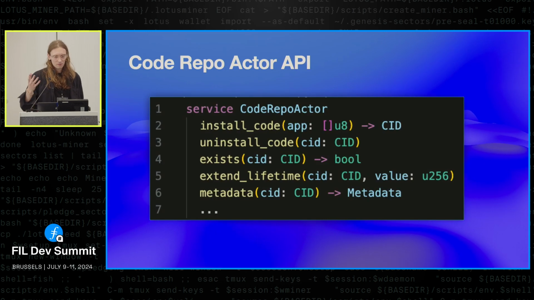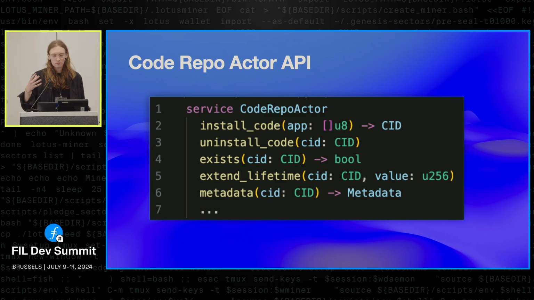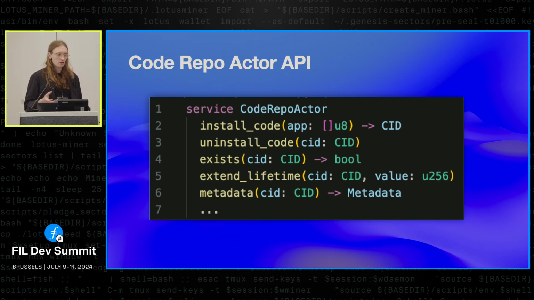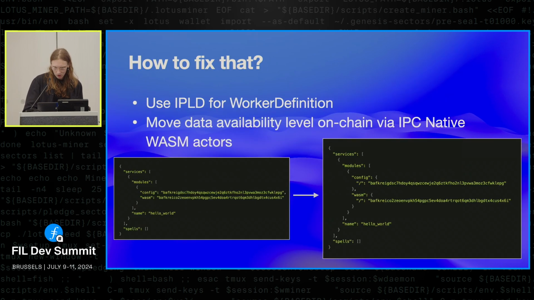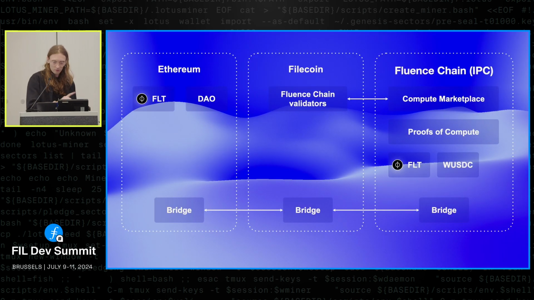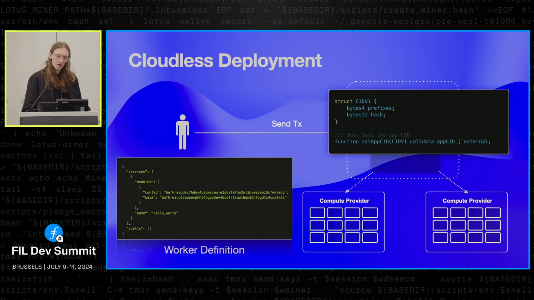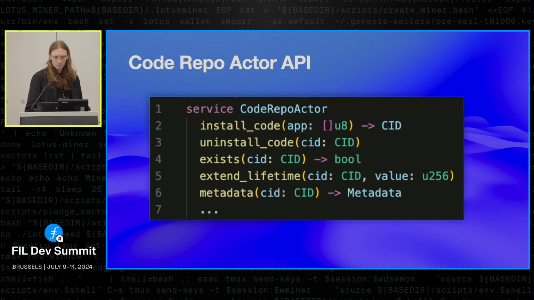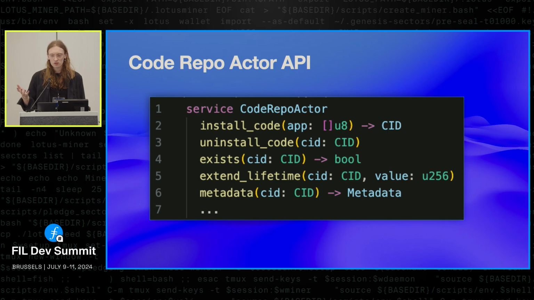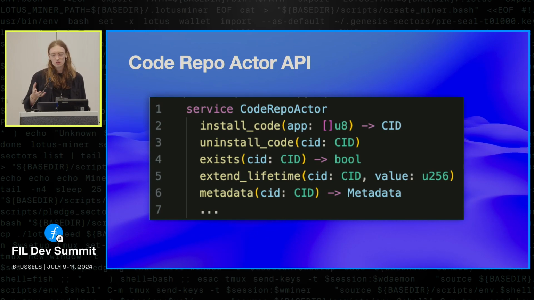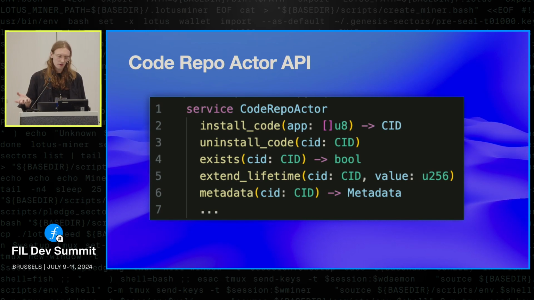So one solution is to create a code repo actor with WASM and run it alongside our actor from proof of compute in the IPC chain, and to make people accountable for the code they want to use and deploy. So basically, they don't upload their code to a centralized IPFS node.